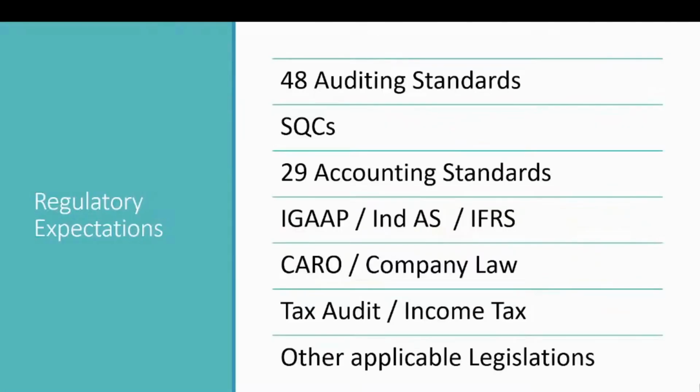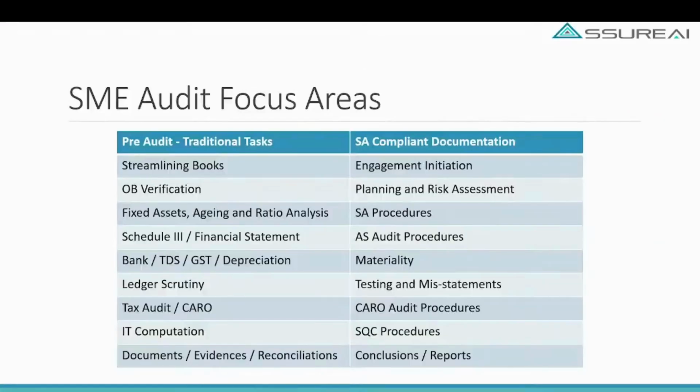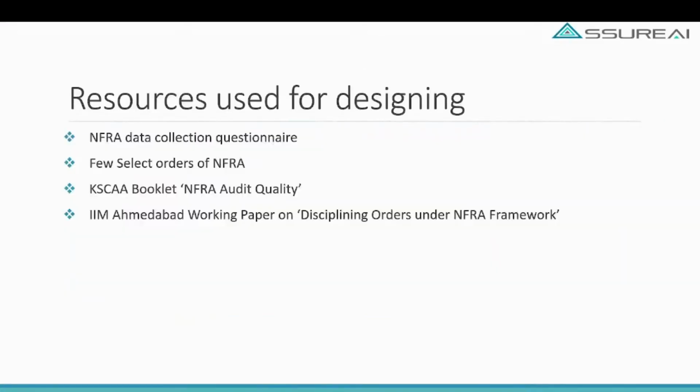I'm just skipping the introductions. A little bit of info about the approach we have chosen and the resources we have used while designing the module for audit documentation. Our focus has been to keep things as simple as possible so that the level one resource in a CA firm should be able to complete 80-90% of the documentation work.